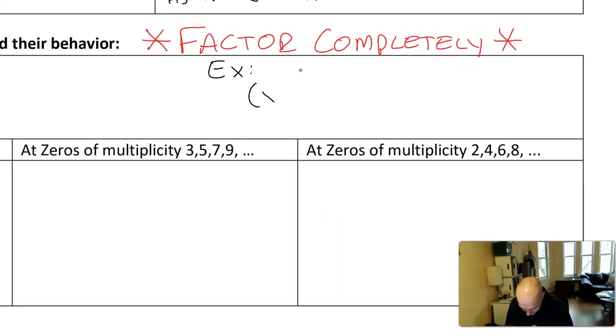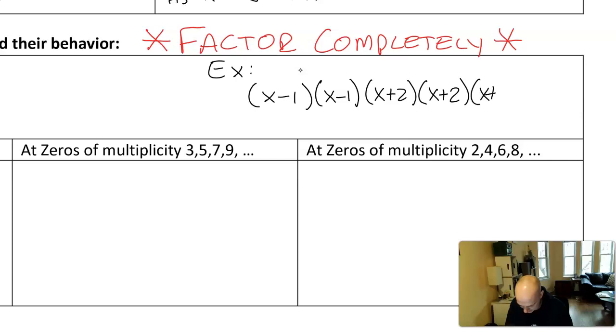Maybe you got x minus 1 times x minus 1 times x plus 2, x plus 2, x plus 2, this is really terrible, times x minus 4 times 4. Wow, that's a heck of a polynomial. That must have been a terrible pain to factor, but we'll pretend that you had a good time with it.